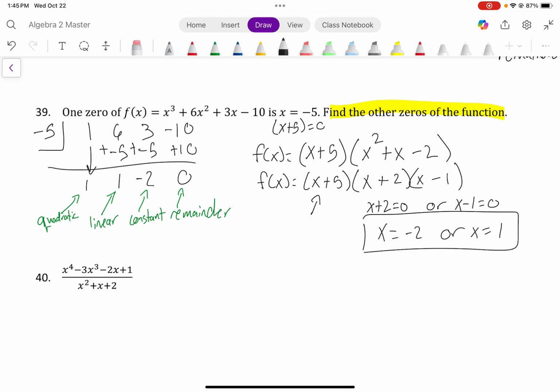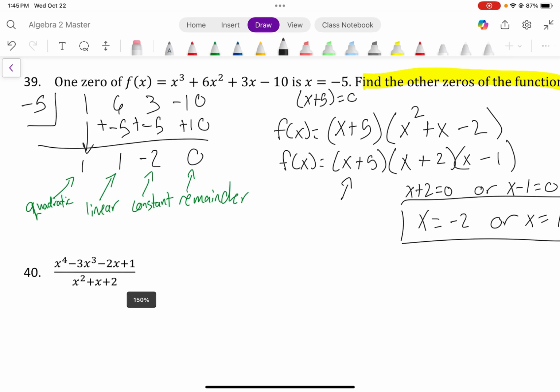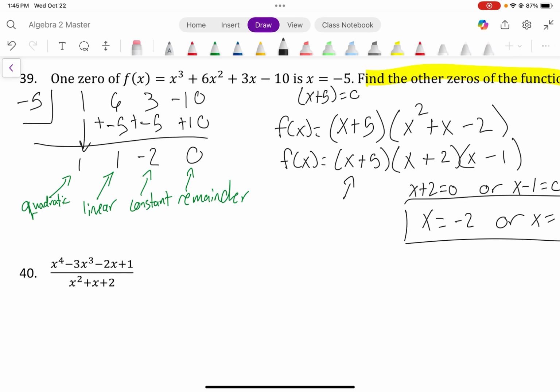Now, number 40 is harder because this one does not have x plus h or x minus h. There's something squared here. So what I'm actually going to do is see if I can rewrite things to make it a longer looking process that is simpler.